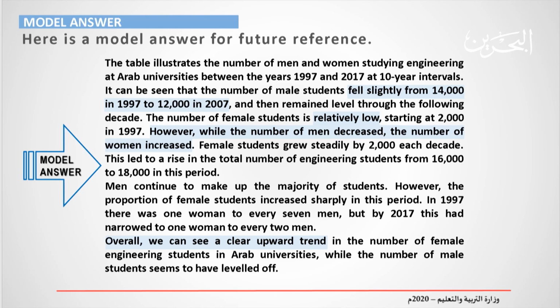So we can look at some other words which we can see here after female students, increased sharply or leveled off. So these are the useful vocabulary in order to create your own sentences. You can take them and place them in your paragraph now to make your writing more powerful, beautiful.